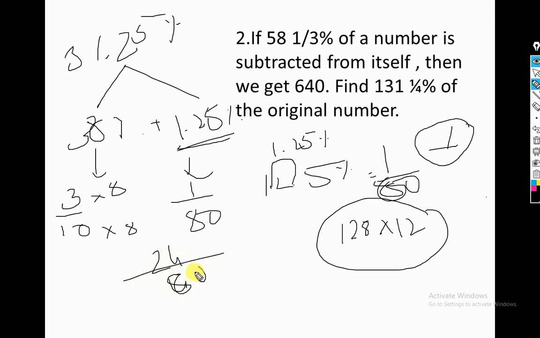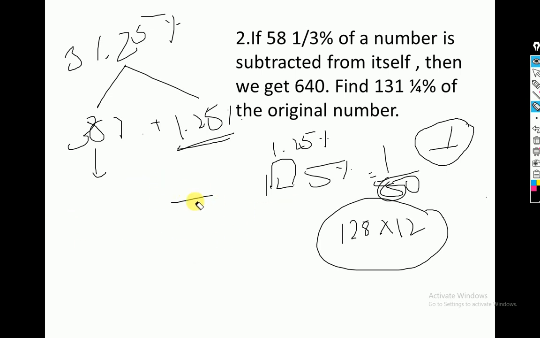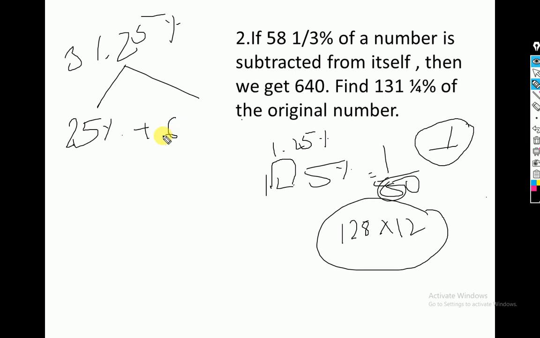Okay, so 4, 6, 4, 20, 3 by 2, 3, 2, 10, it's all jumbled up, right? So what we can do is we can take 25 percentage and 6.25 percentage.